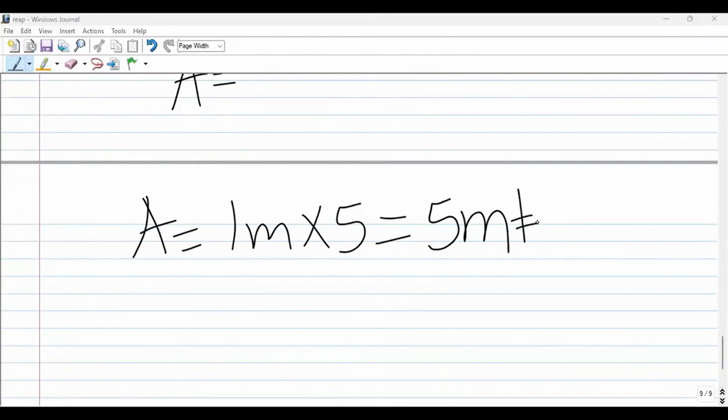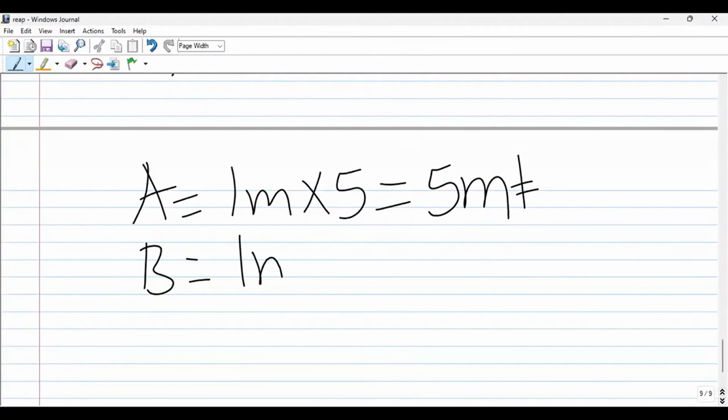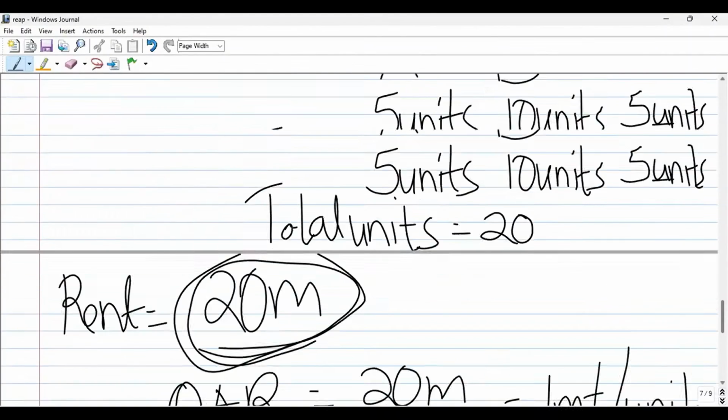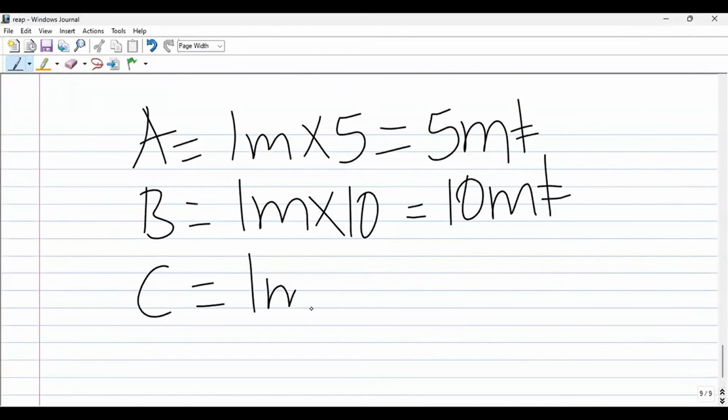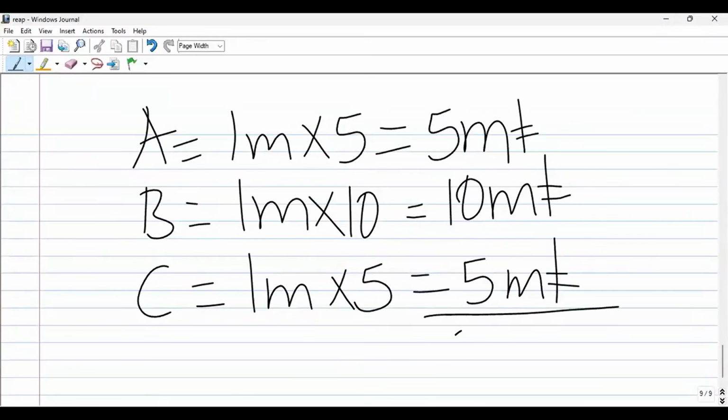Product B is 1 million times the units there, which are 10, to give us 10 million shillings. Product C is 1 million times 5 units, which gives us 5 million shillings. At the end of the day, we've distributed the 20 million shillings amongst the 3 products.